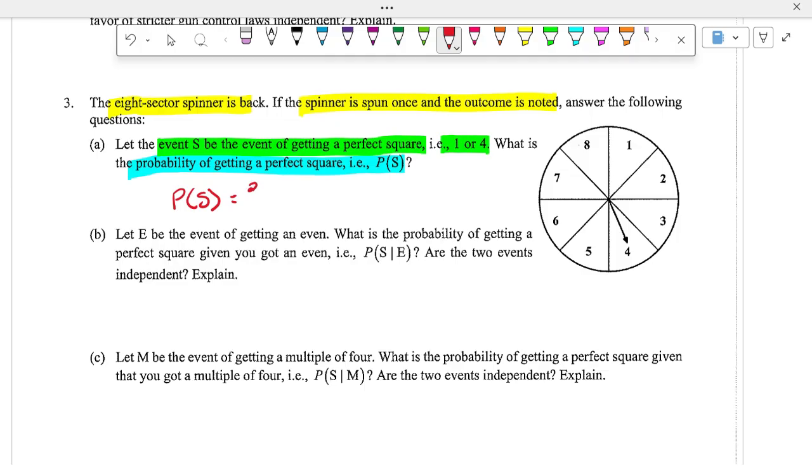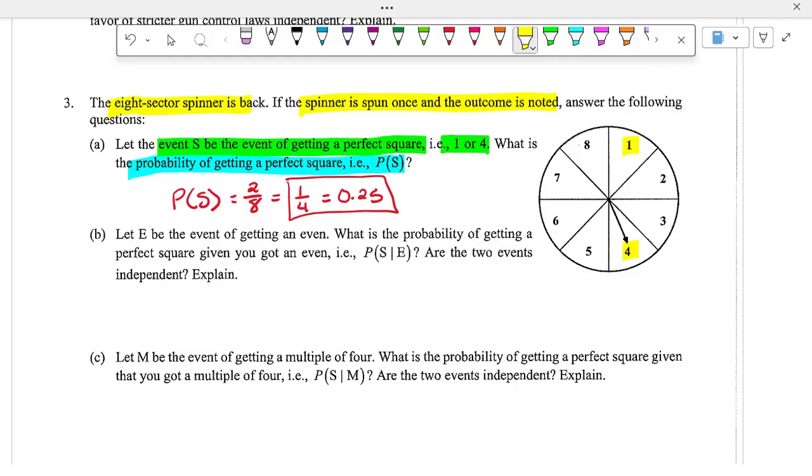Yep. So 2 out of 8, that simplifies down to what? 1 over 4, which is what as a decimal? 0.25. Yep. All right, so that's the probability of getting a perfect square. So my perfect squares again are 1 and 4.